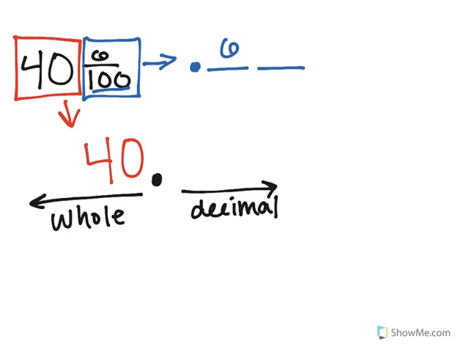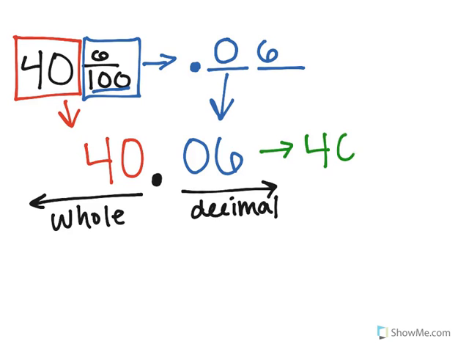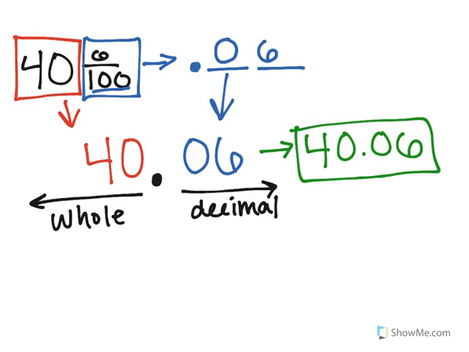And that is not correct because I'd have to fill in right here, and that would say 60, not 6. And I want to make sure I say 6 hundredths. So I put a 0 first, and the 6. Now this can represent 6. So I bring it down, and I write it out just like that. So I now have 40 and 6 hundredths in its decimal form.